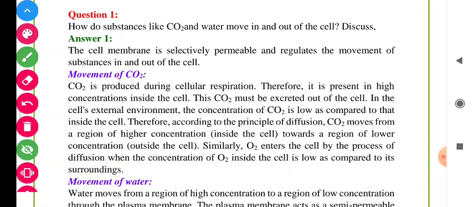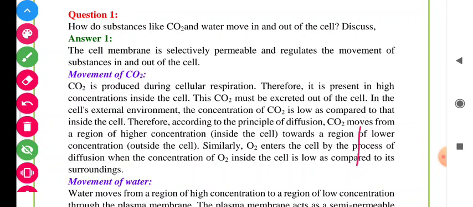The first, in which the gaseous exchange takes place, is known as diffusion. The second, in which the liquid matter is exchanged, is known as the osmosis process. And all this entry and exit of the external matter is made with the help of the selectively permeable membrane. Okay, so in this way the CO2 and the water move in and out of the cell.